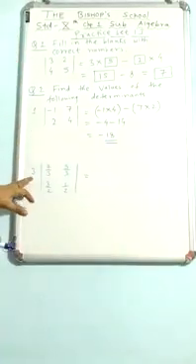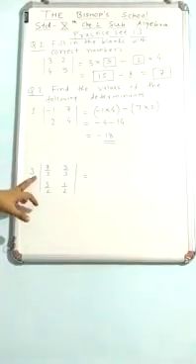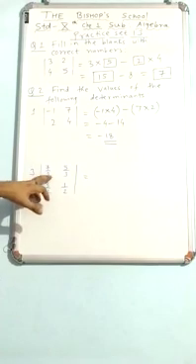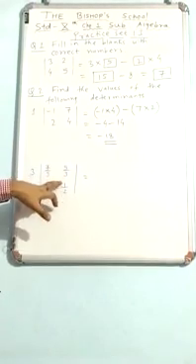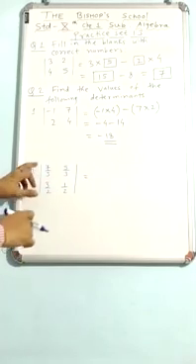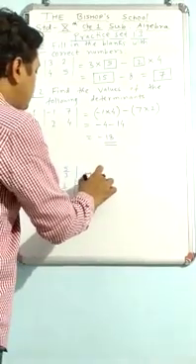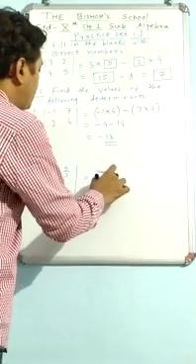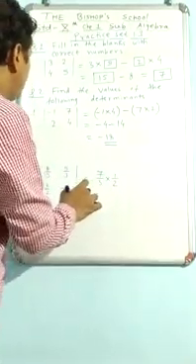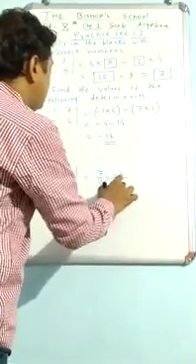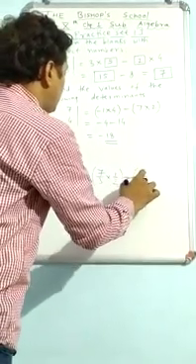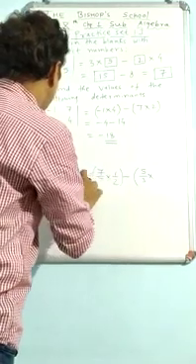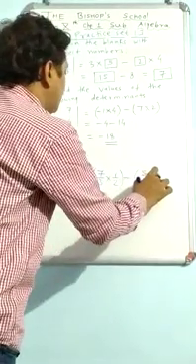Similarly we have been given the third determinant: 7 upon 3, 3 by 2, 5 upon 3 and 1 by 2. Now we will solve it as 7 upon 3 into 1 by 2 minus, again we put the bracket, 5 upon 3 into 3 upon 2.